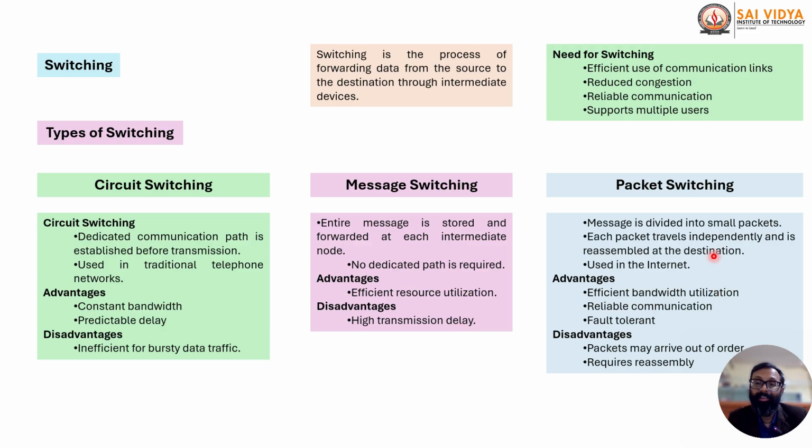The next one is packet switching, where the message is divided into small packets and each packet travels independently and is reassembled at the destination. This is used in the internet, and the advantages here are efficient use of bandwidth, reliable communication and also fault tolerance.